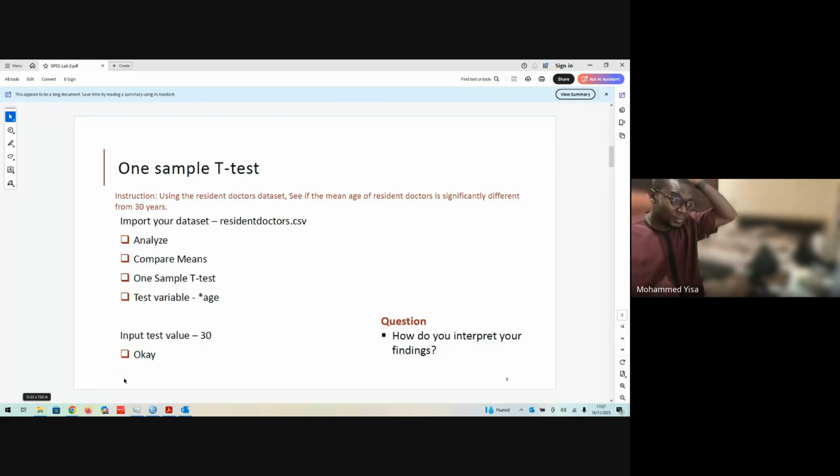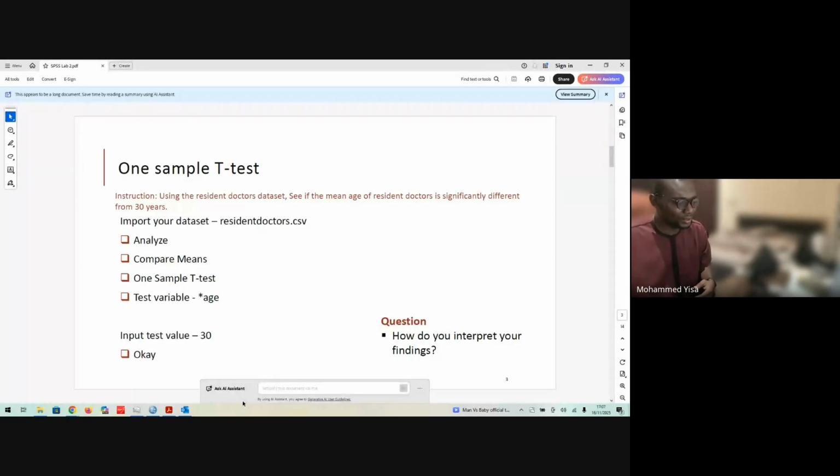Another example of where you would use a one sample t-test is if you are testing a new medication for blood pressure, and you already know that the current standard gives you a 5 millimeter of mercury drop in your patient's BP on average.